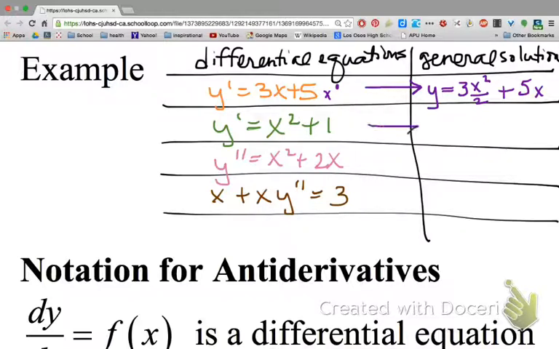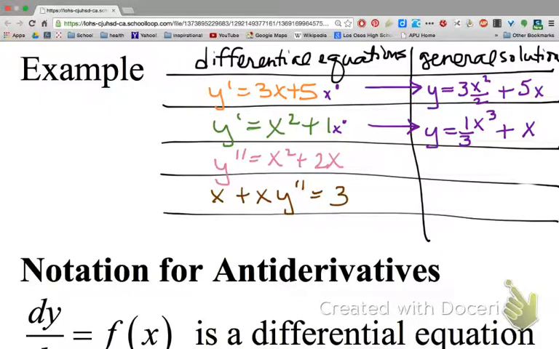Same thing here. I can power back up, so I'll get x to the third, and of course I'll have to divide by 3, so I could write that as a third. And again, this is x to the 0, so when I power back up, it'll be x to the first divided by 1 with a coefficient of 1 in front of it.